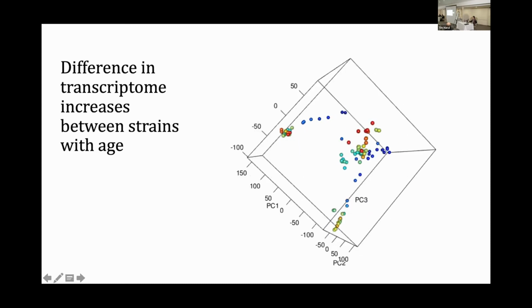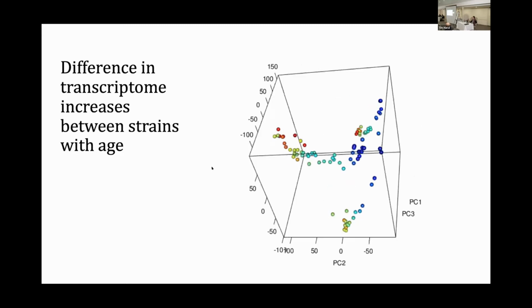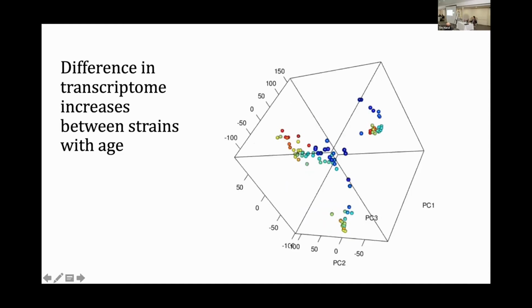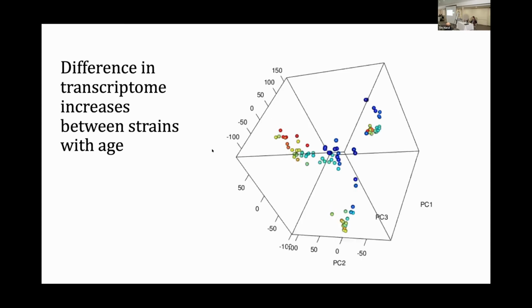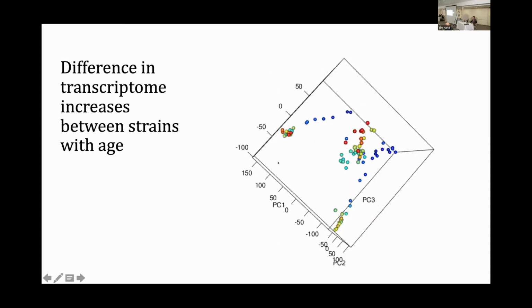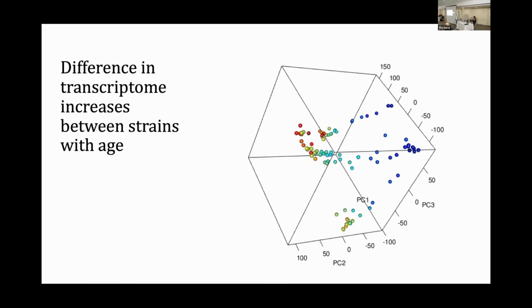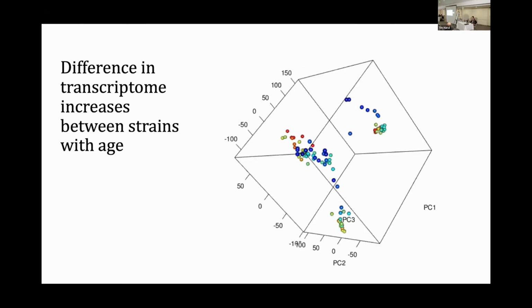So it's sort of a 3-dimensional extension of the 2-dimensional one we saw on the screen before. And what this shows you is that the transcriptome is mostly changing in the first part of aging, so it's mostly blue, this picture. The space is dominated by the blue and the red is all close together.